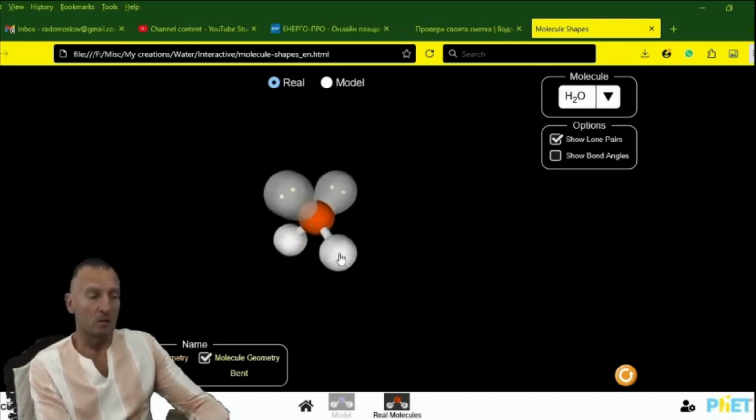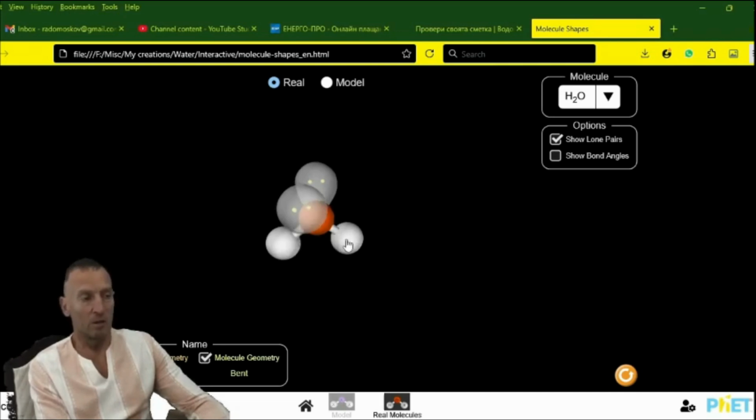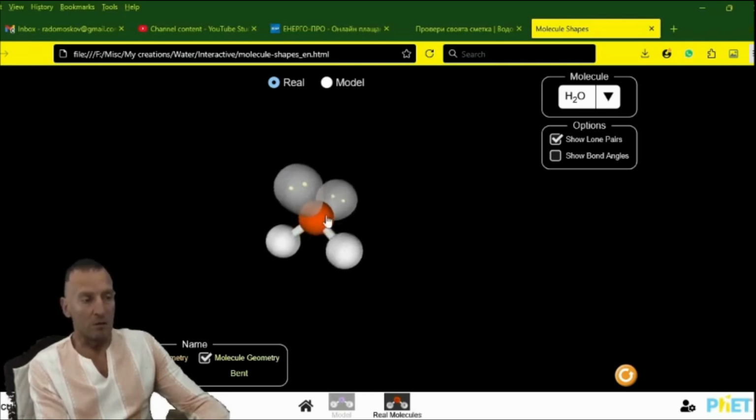All right. So what's happening is we've got these two hydrogen atoms bonded with polar covalent bonds to the oxygen. But now the oxygen has how many valence electrons? 6. With 2 participating in the connection, so 4 are left.